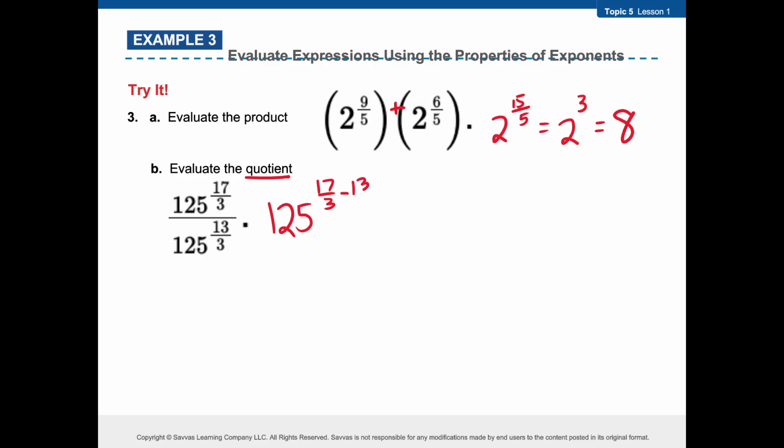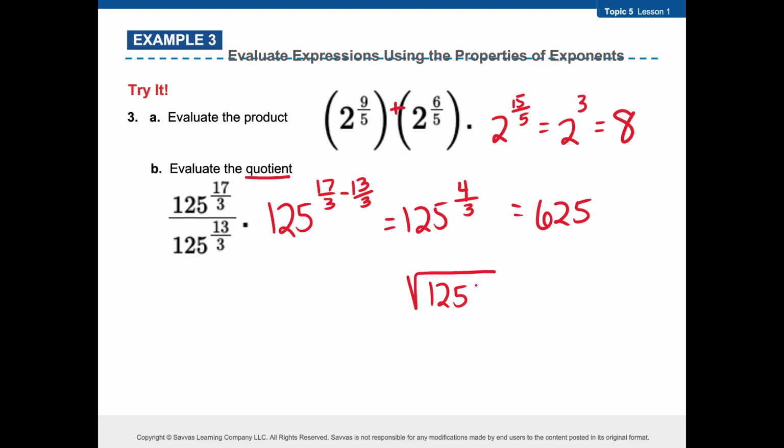So 17 thirds minus 13 thirds, same denominator. And then 17 minus 13 is 4. Again, you can use your calculator. 125, y to the x button, 4, ABC, 3 equals, answer should be 625.